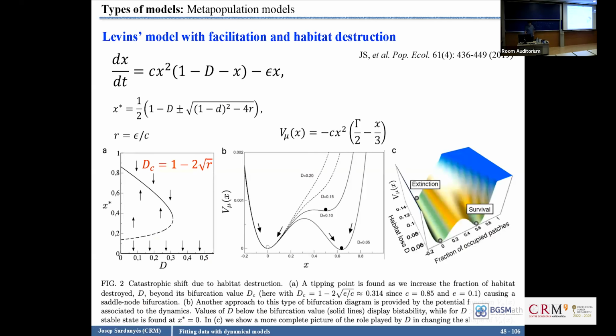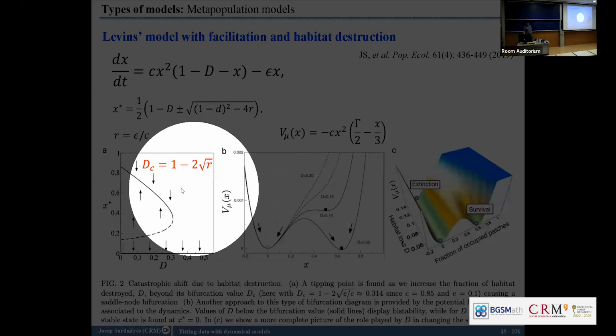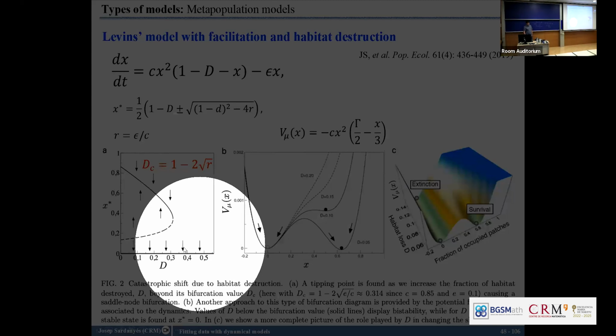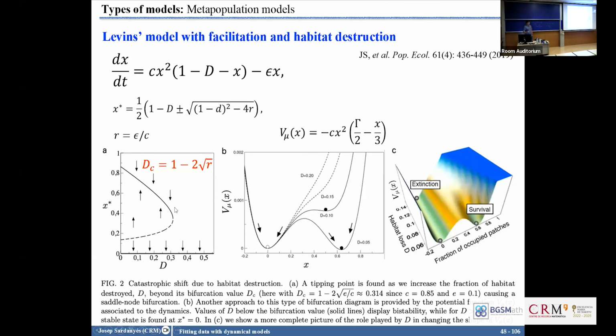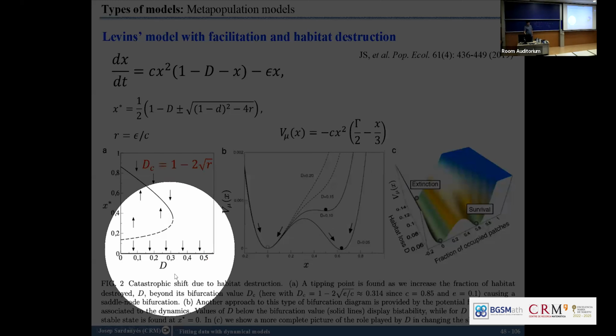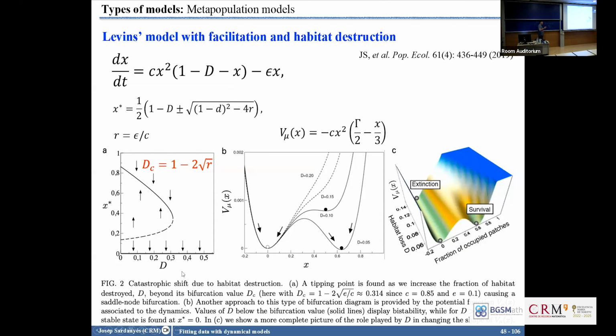And this is what happens. So here, the transition from survival to extinction is not continuous like the transcritical bifurcation, it is catastrophic.